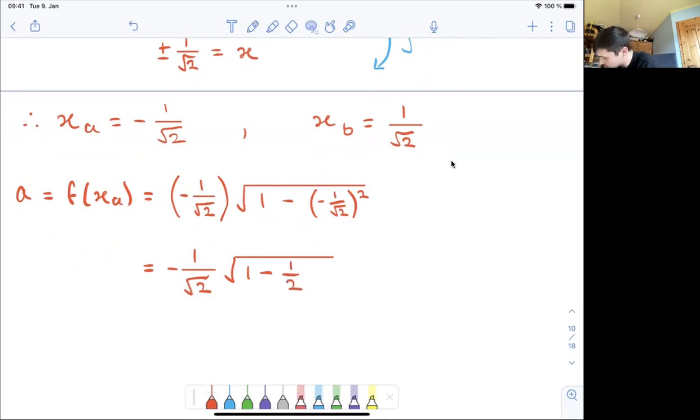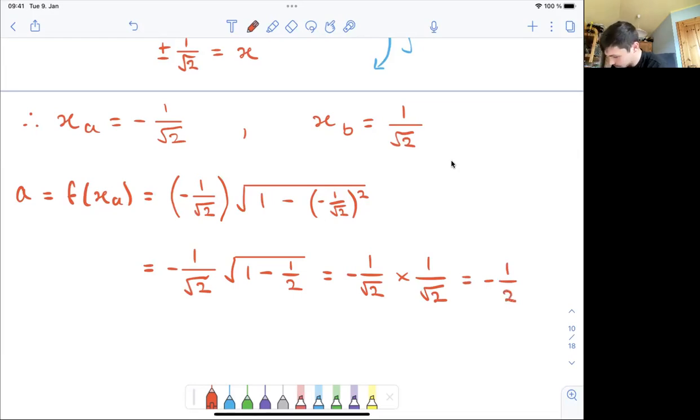So this is equal to negative 1 over the square root of 2 multiplied by the square root of essentially a half, which we know is 1 over the square root of 2. And this just equals negative a half.